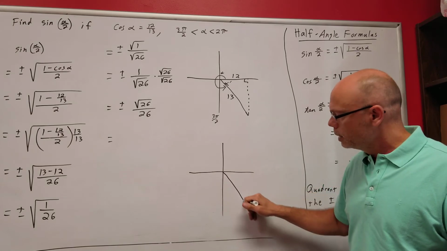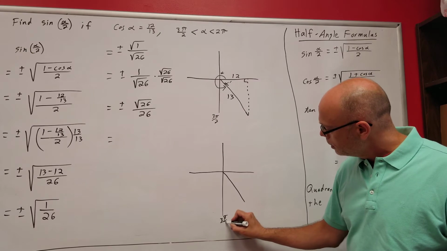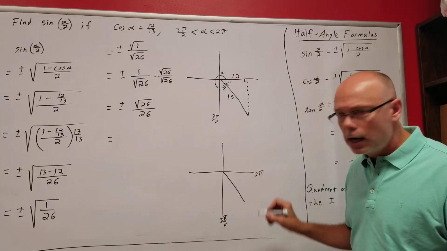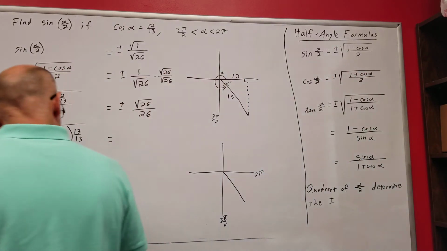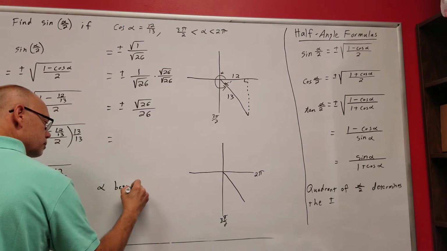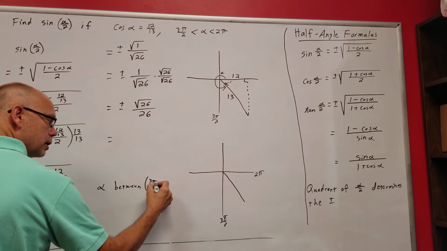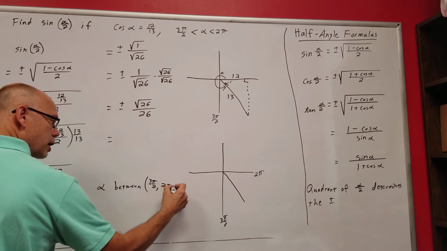If alpha is over here in quadrant number 4, it's between 3 pi over 2 and 2 pi, right?